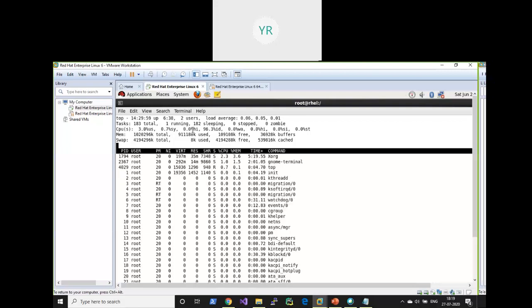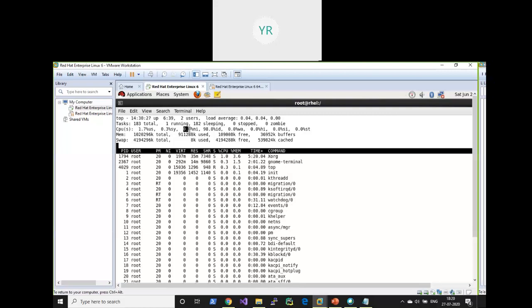Because the system is handled by multiple users, if some user sets some nice value for some process, then it will give the statistics about that nice process, how much percentage of CPU the nice process has taken. Here no nice value is set for any process, that's why it is 0. If I set some nice value to some process, then it will show a value, so that you can understand.